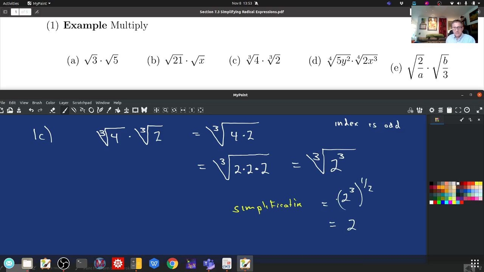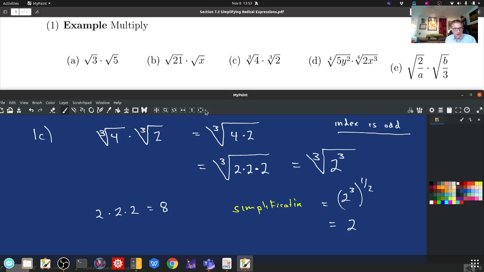It's not plus or minus, it's just equal to 2, and that's because the index is odd. 2 times 2 times 2 is equal to 8, and that's what it means for the nth root of something to be that value.